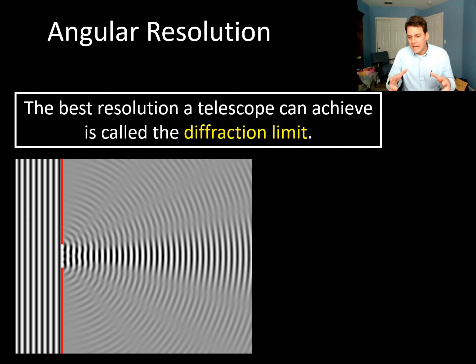So bigger apertures means better resolution, but unfortunately for us, there is also a fundamental limit to the angular resolution that we can get, and that's something known as the diffraction limit. The diffraction limit is the best resolution that a telescope can theoretically observe.